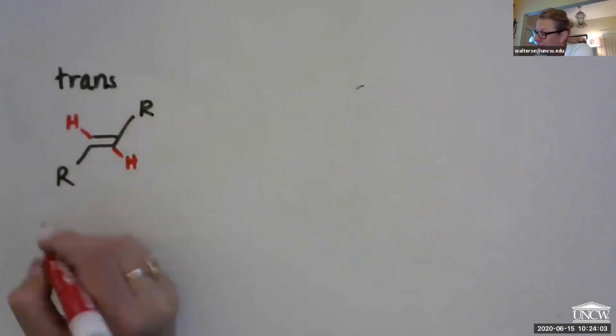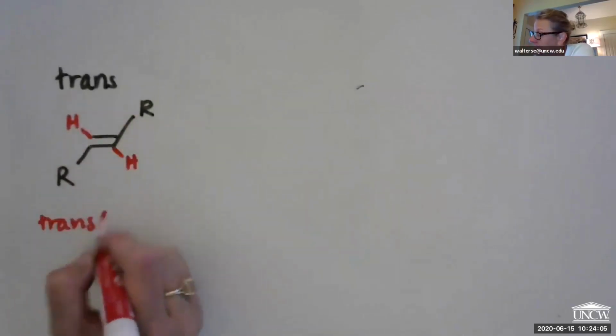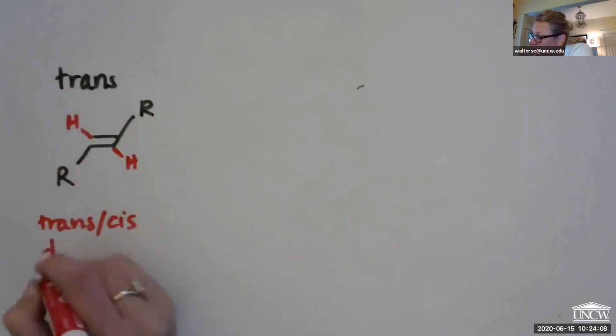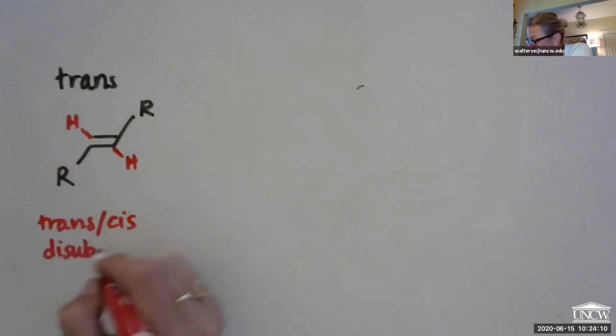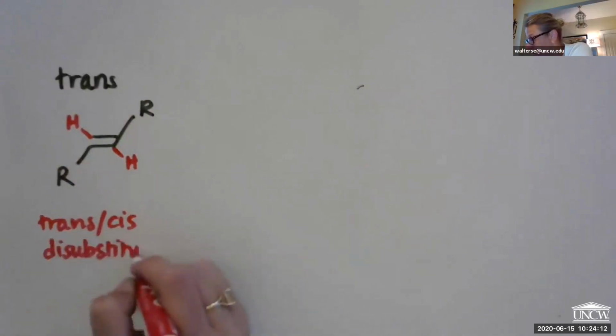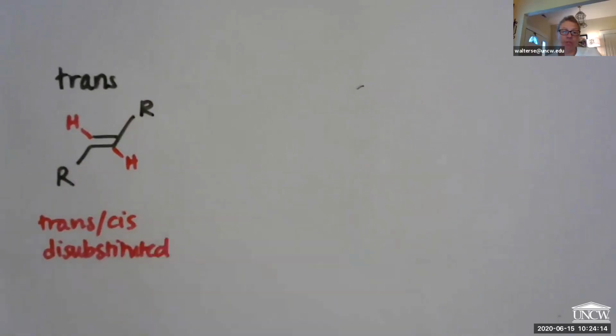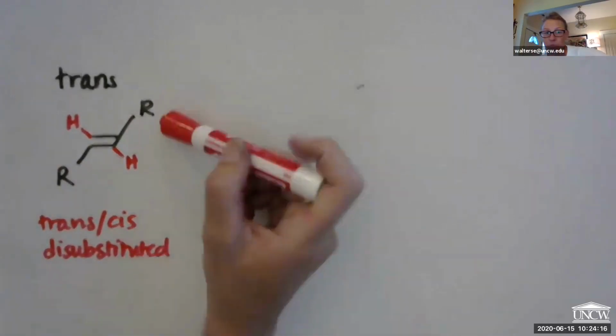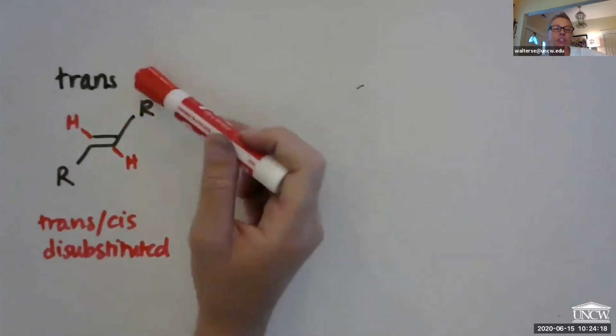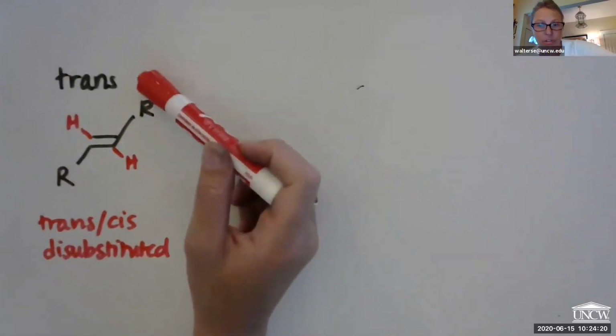So trans and cis are words that you use to relate di-substituted systems. Okay, so they're relative. Trans is a relative word. Okay, so cis and trans is going to be relative stereochemistry.